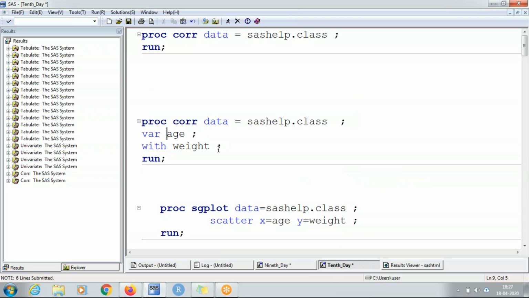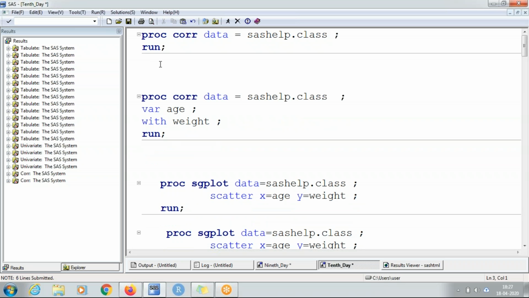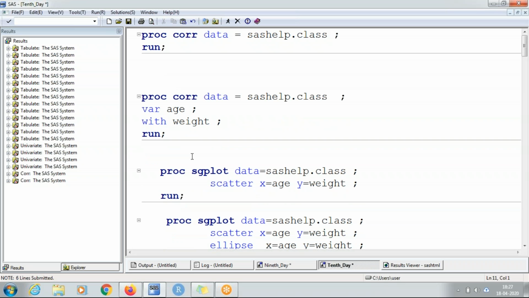So age with weight. All right. So let's move to the other thing.